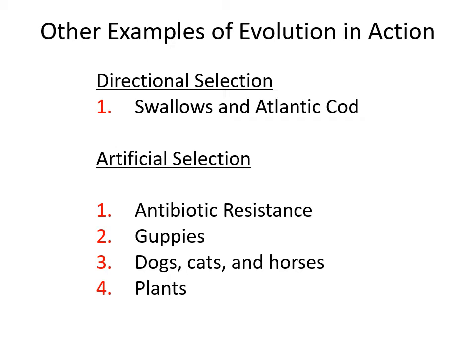Artificial selection is another word for crop breeding, but we do it in a variety of contexts, not simply around crops or animals. In some cases, we as humans are imposing selection on natural populations that inhabit our own bodies as well. So we'll give you an example of antibiotic resistance, guppies, dogs, cats, and horses, and then plants.